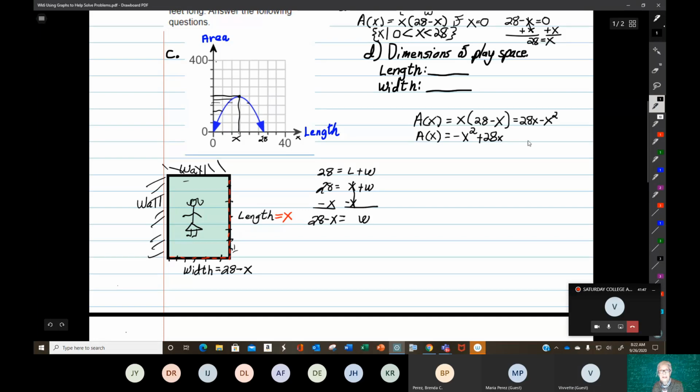And there is no constant at the end, so there's kind of an understood 0 right there. Now, there's an invisible 1 in front of the X squared, so we have our A number equaling negative 1, and our B number equaling positive 28.